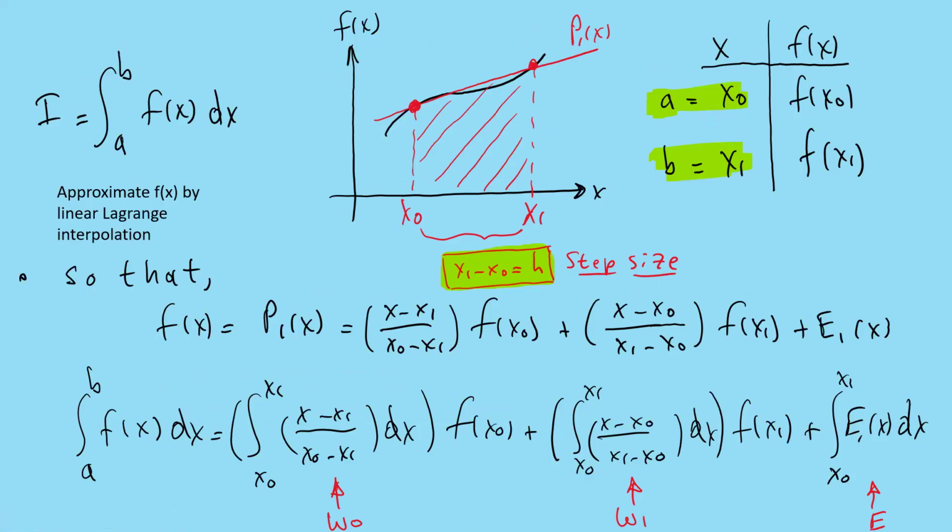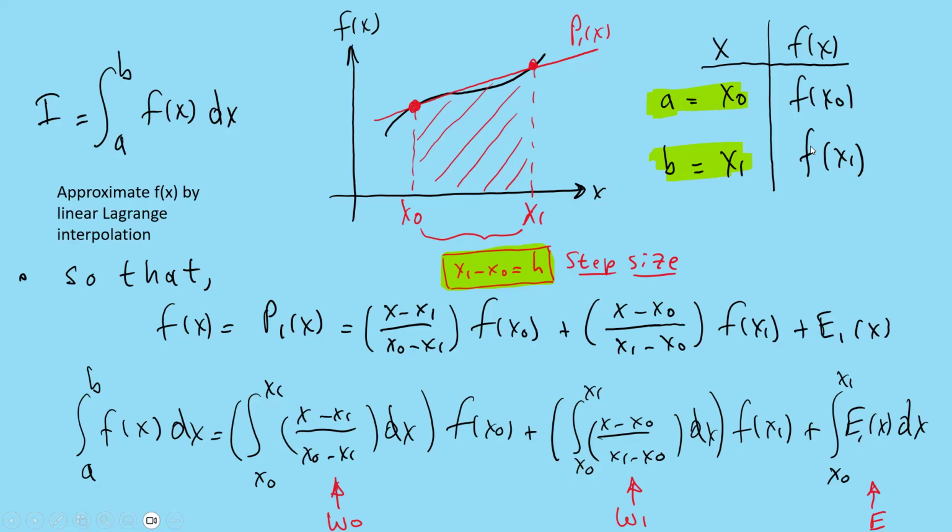For the trapezoidal rule, we use the linear Lagrange interpolation. In this method, we take 2 points, x0 and x1, with their corresponding function values, f of x0 and f of x1.